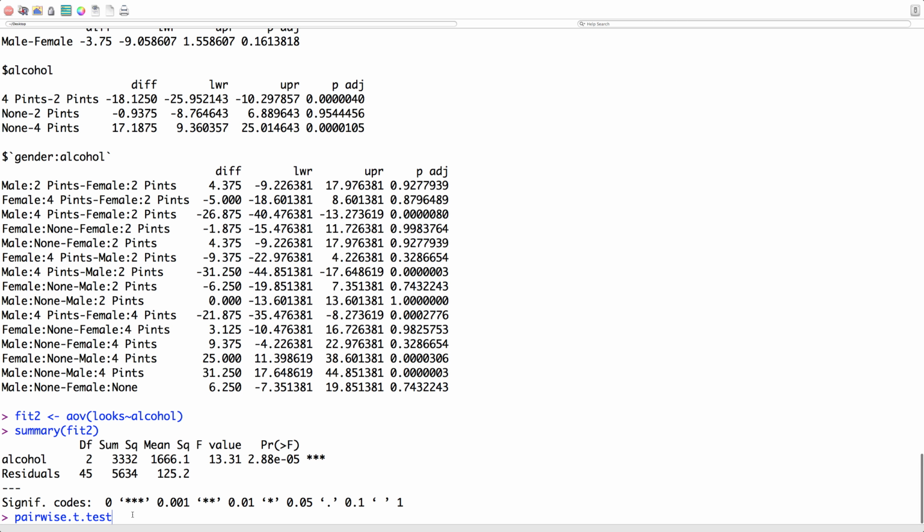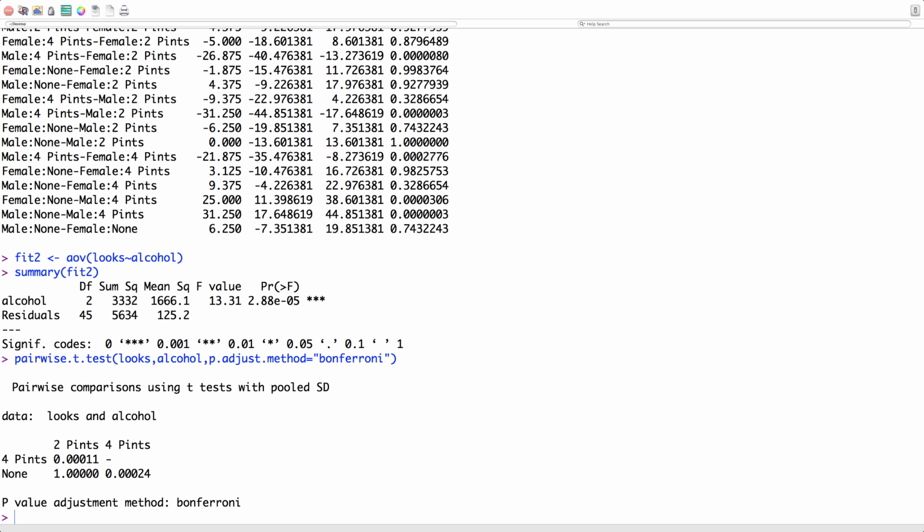For the pairwise t-test, what I want here is my quantitative variable across my categorical variable, which is alcohol, and I want my p-adjust method to be equal to Bonferroni. You can see what's going on here just for the alcohol.